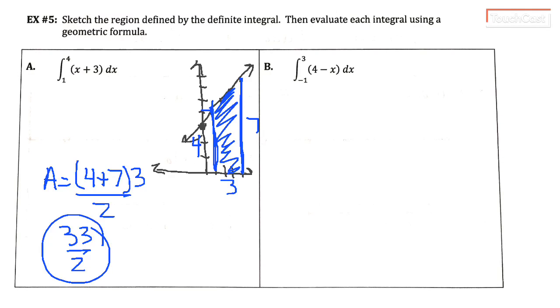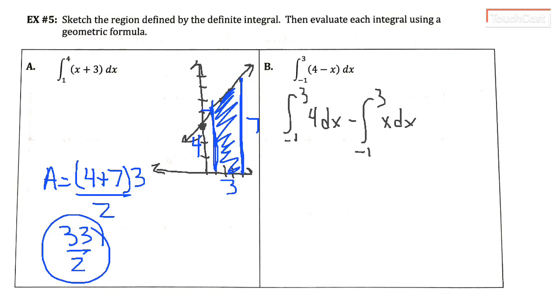Now with part B here, and we could have also done this with the last example, let's start by breaking this up. Let's write this as the integral from -1 to 3 of 4 with respect to x minus the integral from -1 to 3 of just x with respect to x.